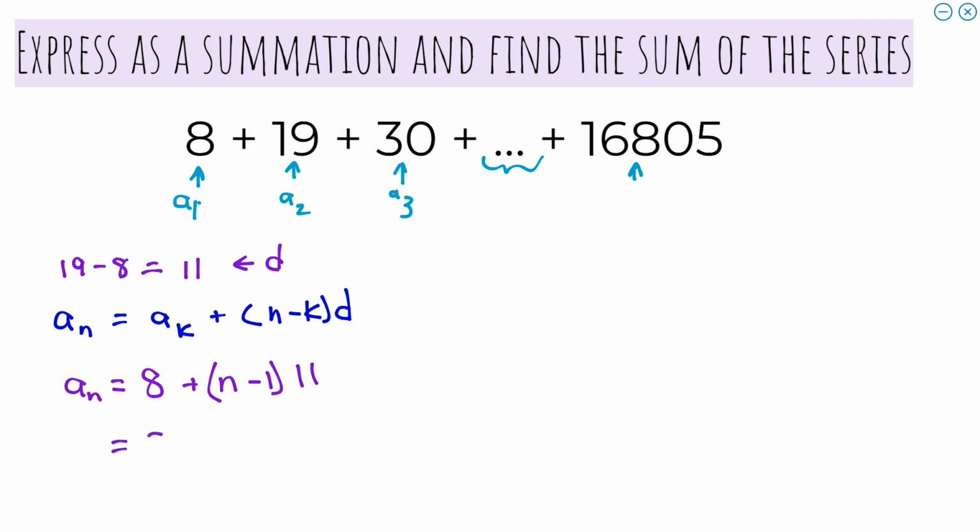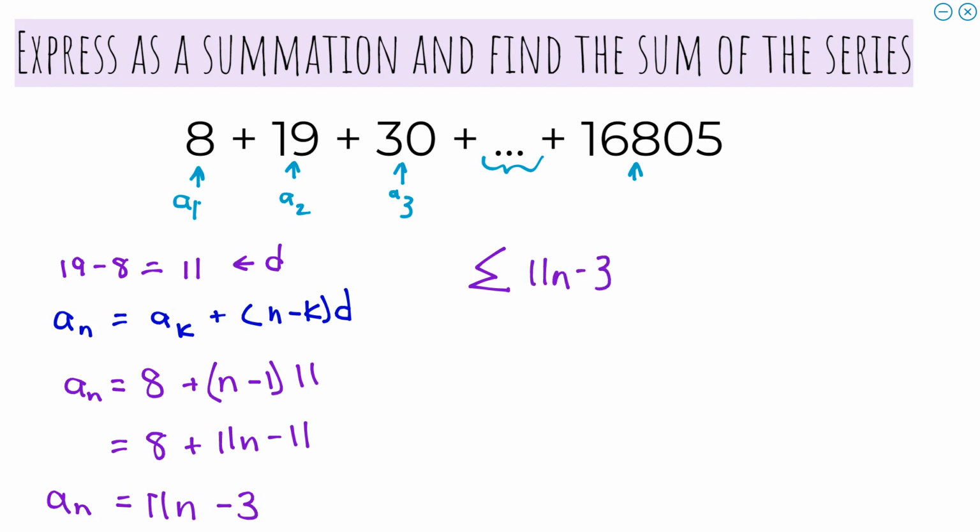So that's going to give us 8 plus 11n minus 11, which is going to be 11n minus 3. So that tells me my general rule. So when we're going in our summation notation with a sigma, we know our rule is going to be that 11n minus 3.